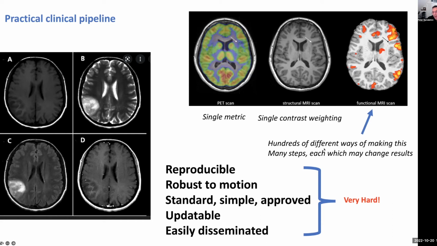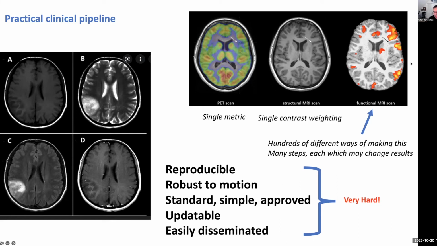So right now, it's difficult to come up with a standard processing pipeline because there is no best pipeline that people agree upon as the most robust and the most sensitive, or that hits the sweet spot.